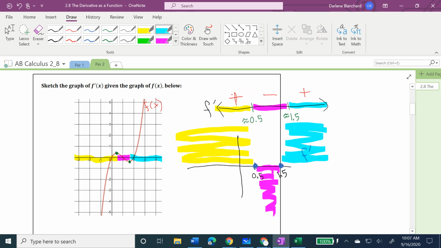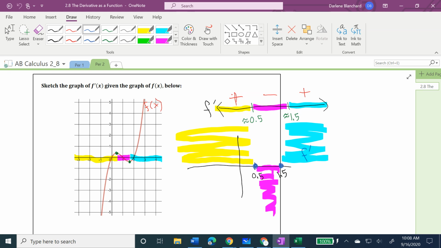There's only so much I expect you to see and be able to interpret when you're looking at the graph of f of x and you're trying to find the graph of f prime. What I absolutely expect you to see is what I've already drawn. You need to know the x-intercepts of f prime, and you need to be in the correct above or below the x-axis.